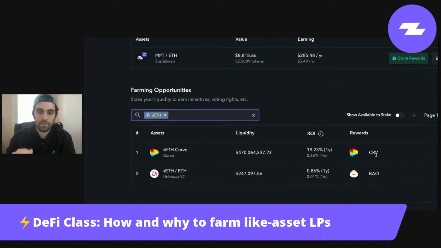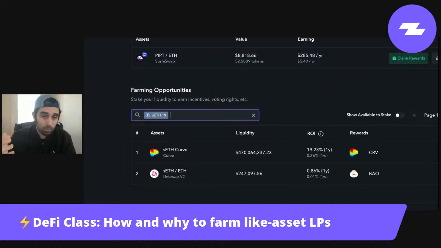So if the price goes down, then the estimated ROI will go down. If the price of Curve is going up and everything else is held equal here, then I'm earning a higher reward. As you look through this, these are some of the factors that I consider with asset LPs, but I have to be conscious of the fact that the liquidity could grow.